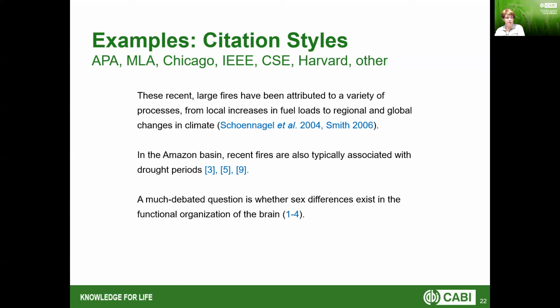So here are some different examples, but the main point is that you need to check the citation style preferred by the journal you are submitting to. Not every journal uses the same style, so if you submit a manuscript to one journal and it is rejected for whatever reason, when you go to the next journal, they may have a different citation style, and you are going to need to reformat your citations to match the preferred style of the journal you're submitting to. So just make sure that you're doing that correctly.